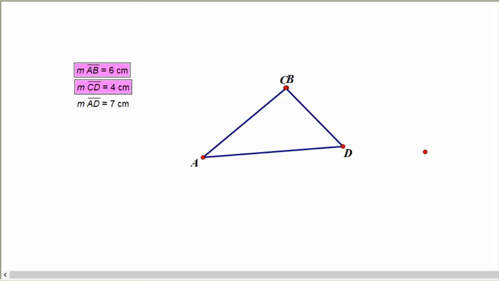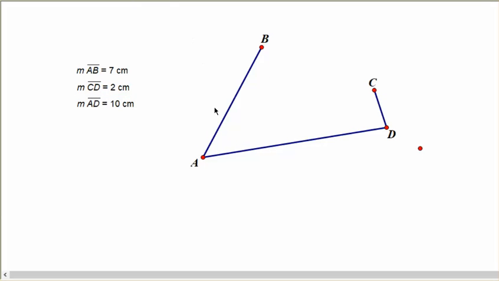Let's look at another example. I've changed the size of my segments. Now I have AB is 7, CD is 2, and AD is 10. Let's see if I can make a triangle now. Make AB flatter, trying to connect CD.